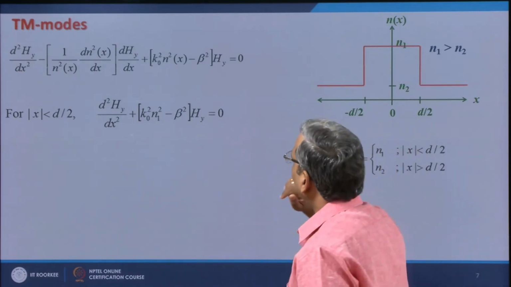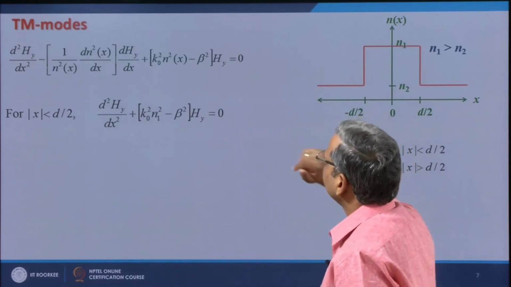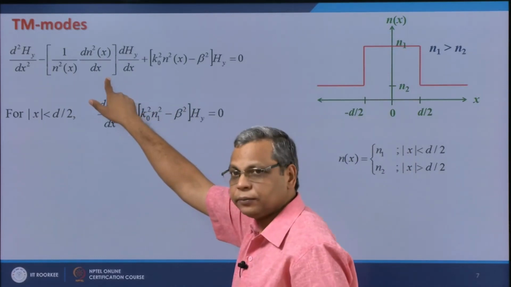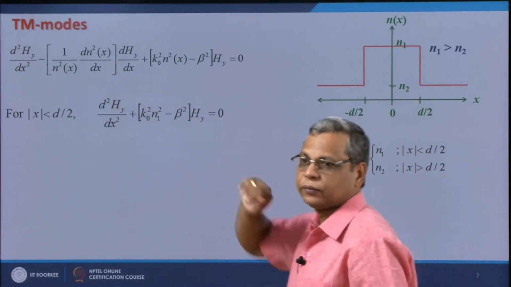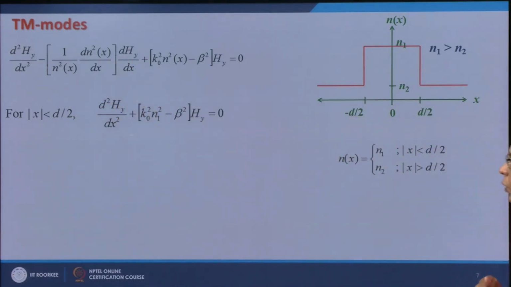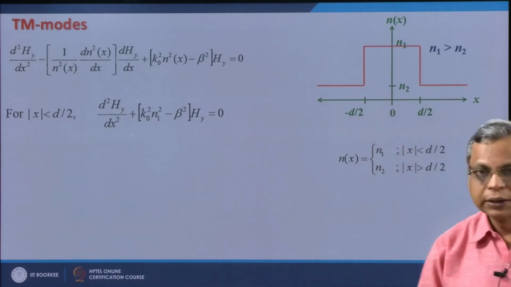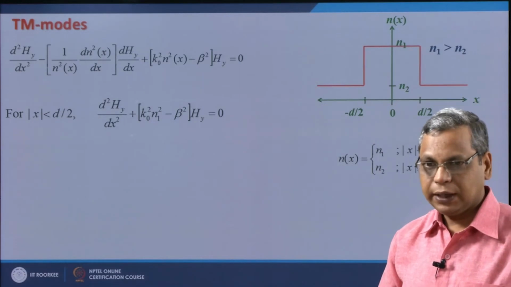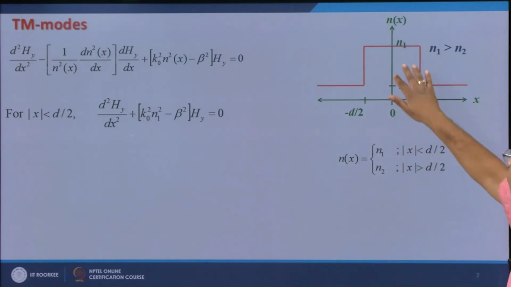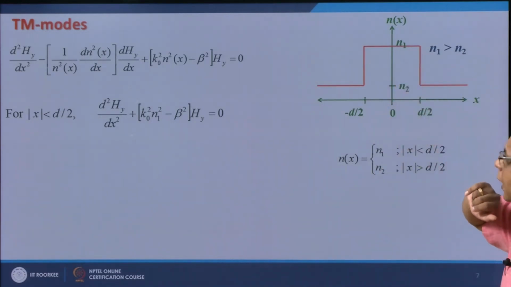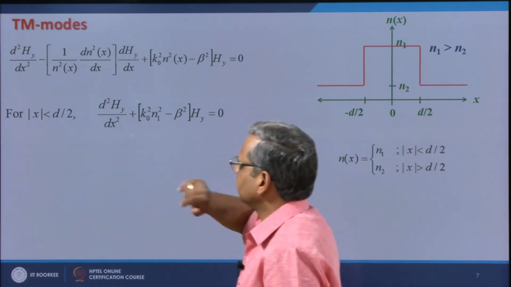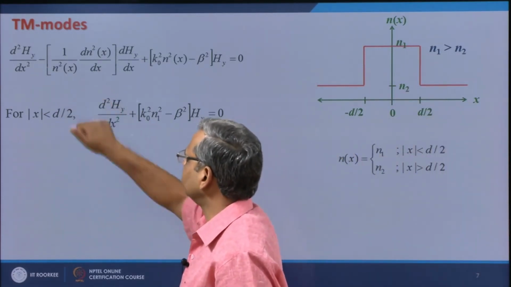Why? Although I have this term in general for a variation n square of x, when I write this equation in the individual regions in this kind of a step index waveguide, the refractive index is uniform, so this term goes off.